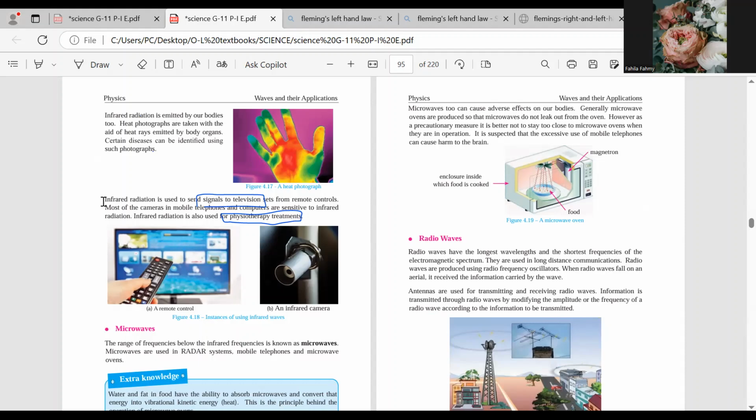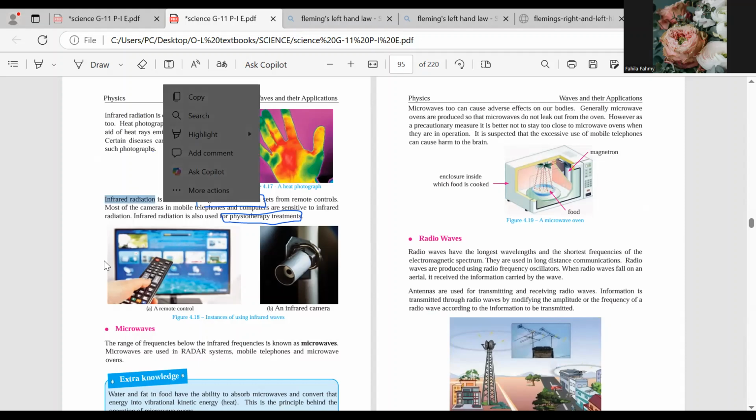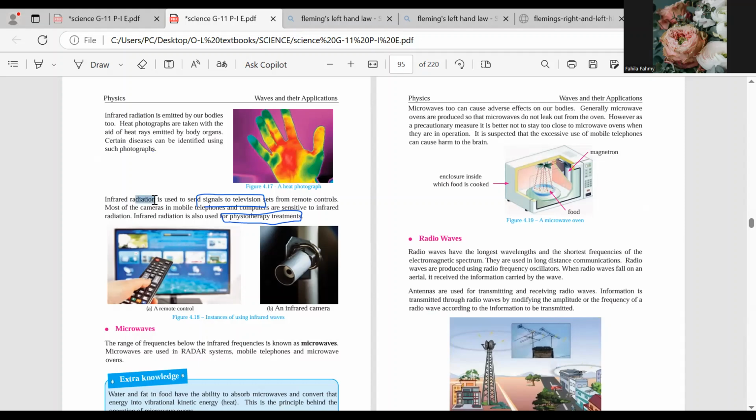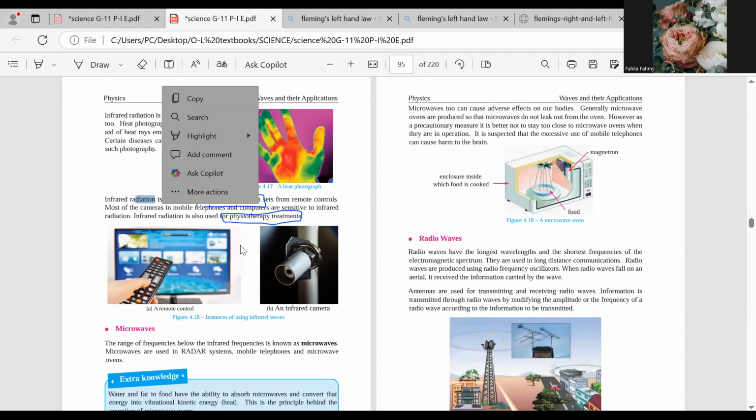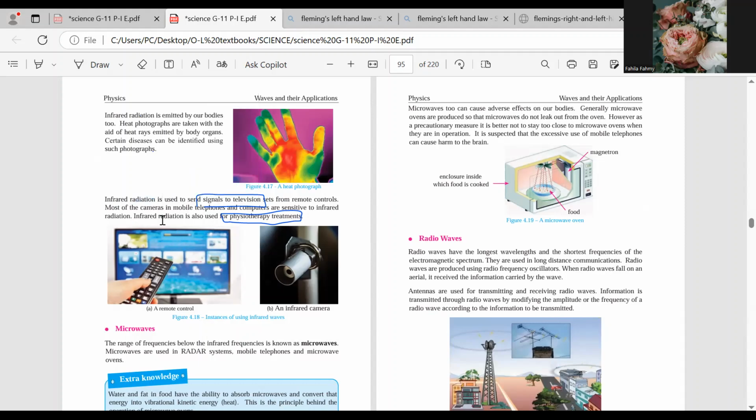But infrared, you won't be able to see that particular light coming out of that instrument, right? So this radiation is taking the pain away by several vibrations taking place in that particular part of the body because of these rays.